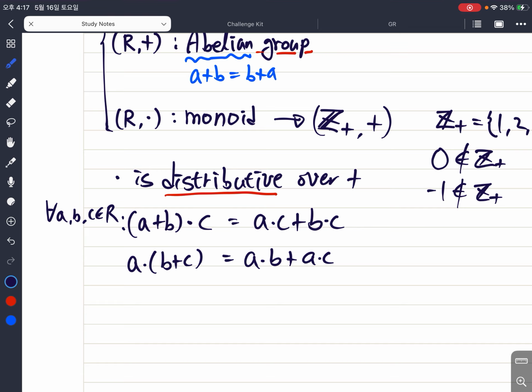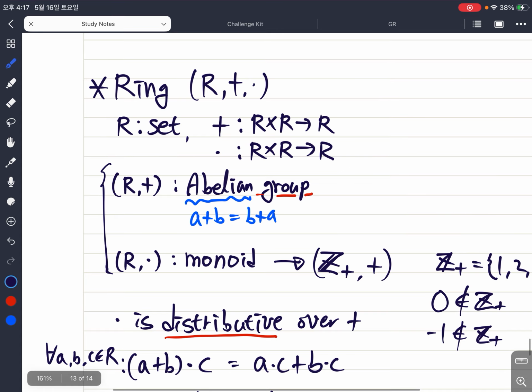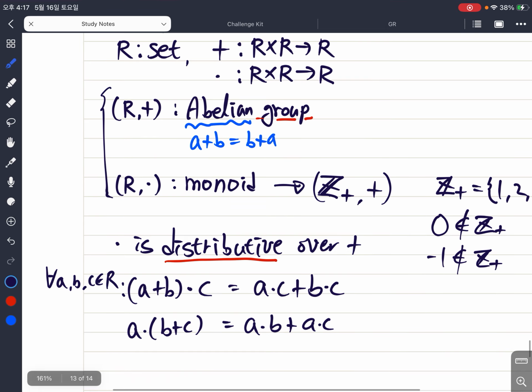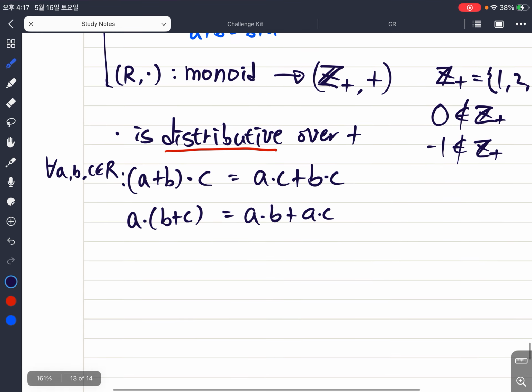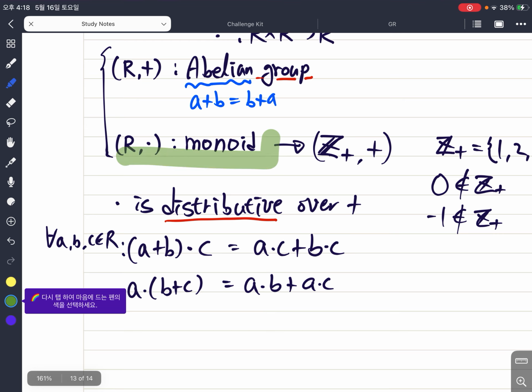So now we have, again, a ring is a triple. R and plus, their relation is abelian group. R and dot, their relation is monoid. And plus and dot, their relation is distributive. We call it a ring. And for very special cases, we don't say anything about the monoid, this dot operation, because abelian group is a very, very strong condition.